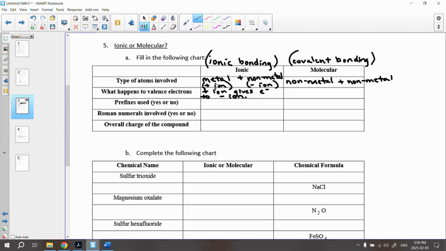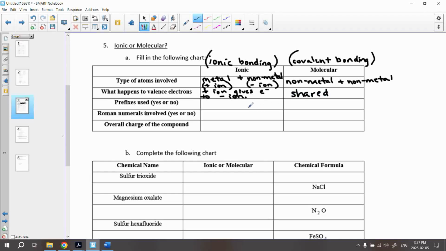So there's actually a transfer. For example, sodium gives its one valence electron to chlorine so that they can both have full outer shells. And that actual transfer of electrons makes the one that gives it away positive and the one that accepts it negative.